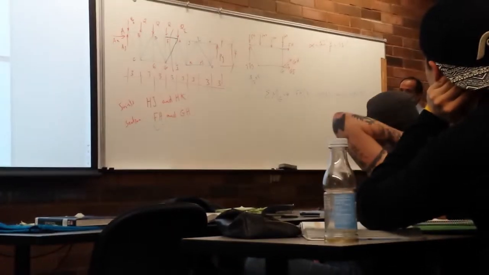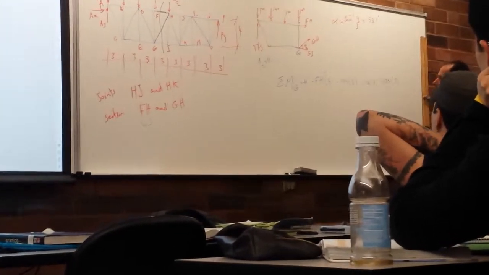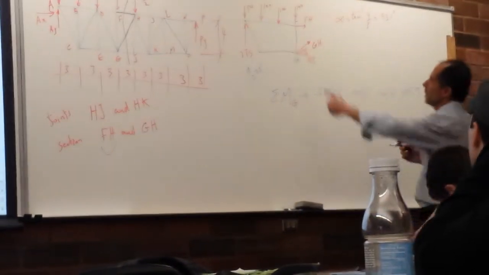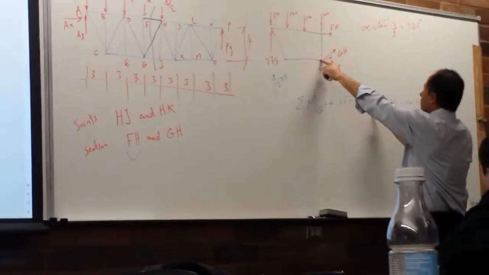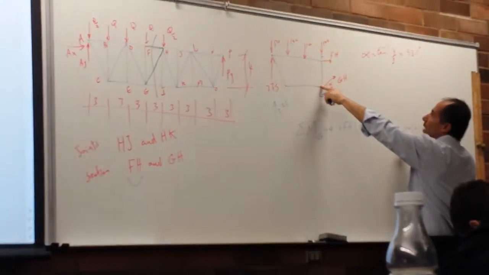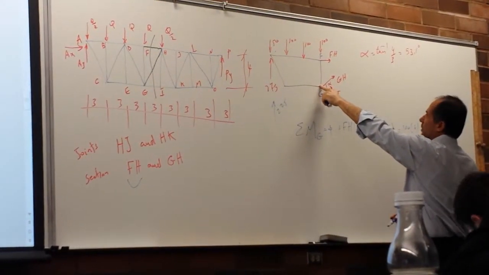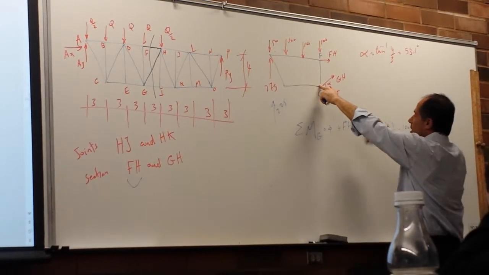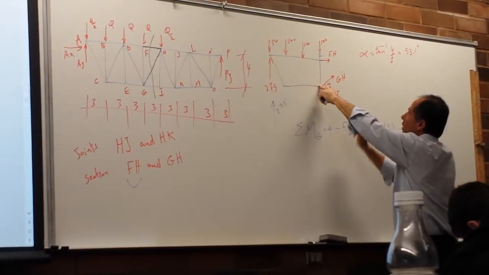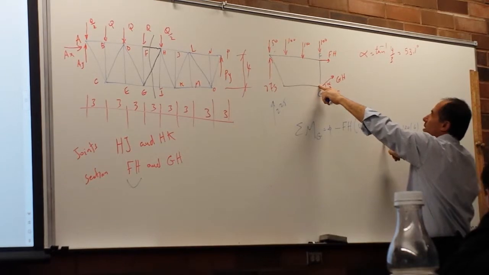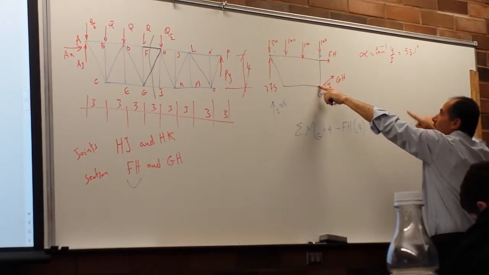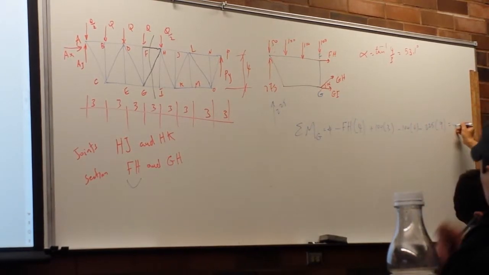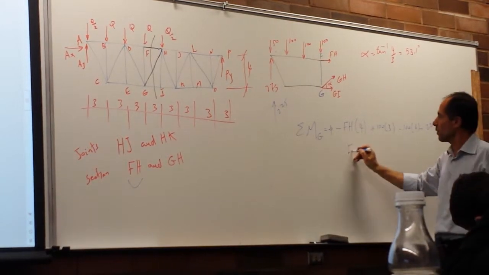The 100 times 3 is positive, and the 100 times 6 is positive, right, around G. FH is negative, 100 is positive, 100 is positive, this one is negative, equals 0. What is FH from this?